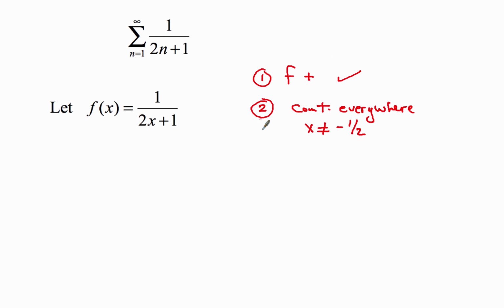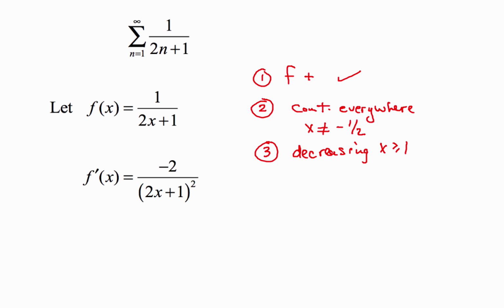Now the decreasing piece, so that's the third thing we've got to check, is to see if the function is decreasing for all x's greater than or equal to 1. So when we take a look at that, to figure that out, we have to look at the derivative. So we've got f prime of x equals -2 over 2x plus 1, that quantity squared.